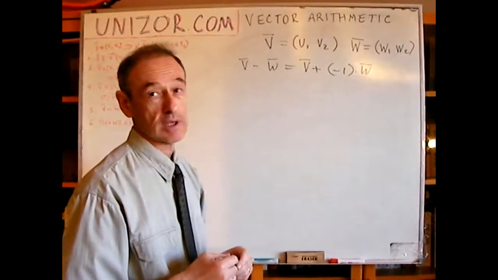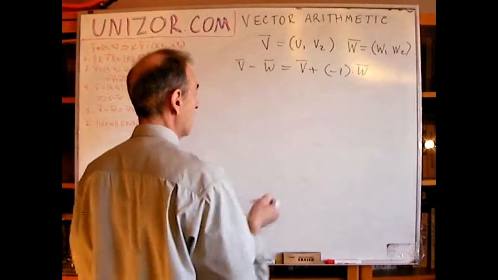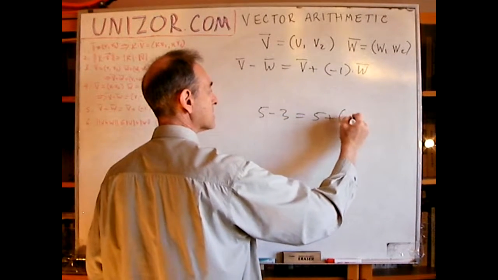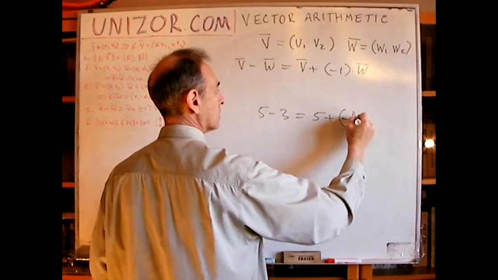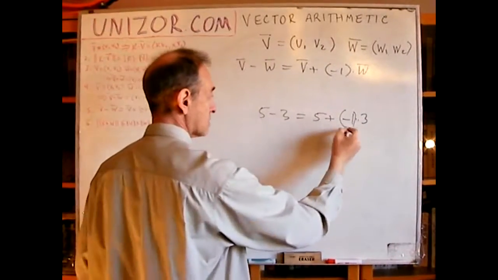Addition of this particular opposite vector. So it's like with numbers, right? 5 minus 3 is exactly the same as 5 plus minus 1 times 3, right? Which is minus 3.